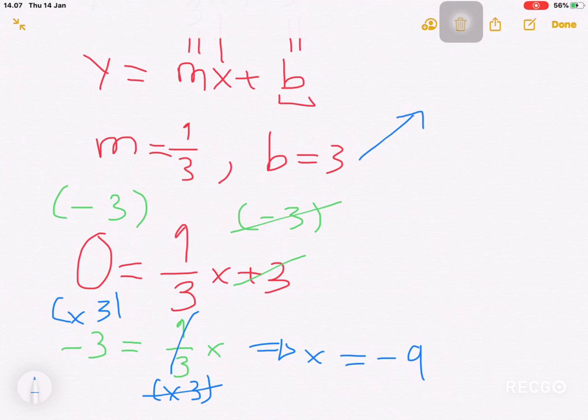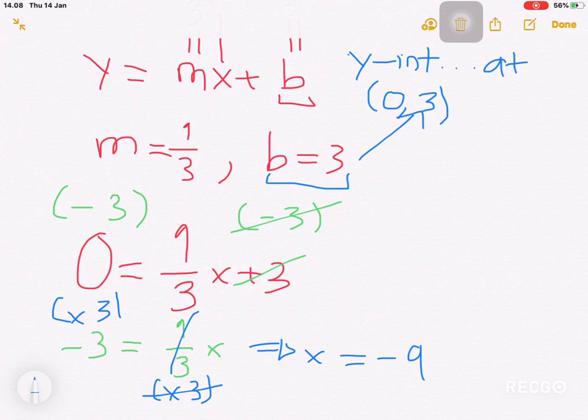So we can write the y-intercept at, we can just write the coordinates. Remember, this represents the y-coordinate. So we have 0 because that's a y-intercept, and the x-coordinate is always equal to 0, and then we have our positive 3 right there.